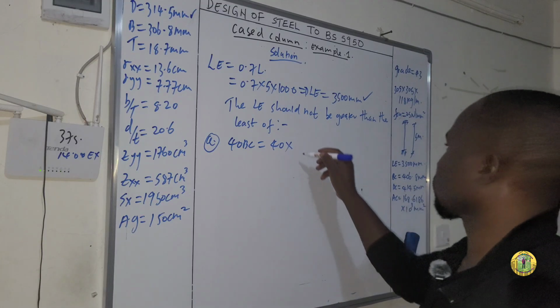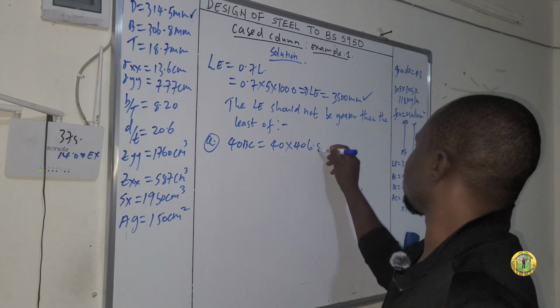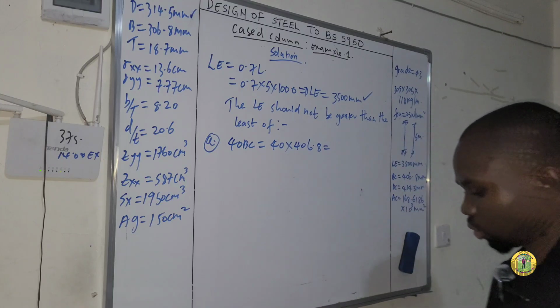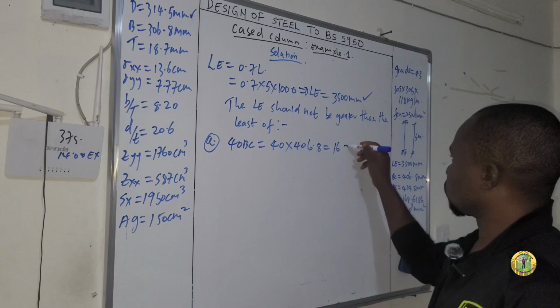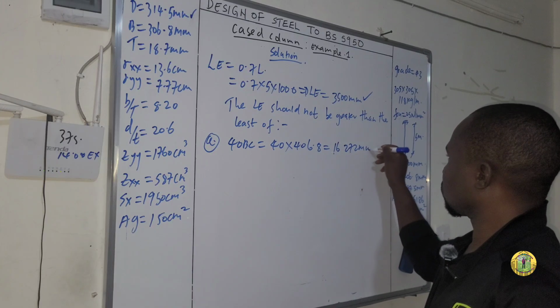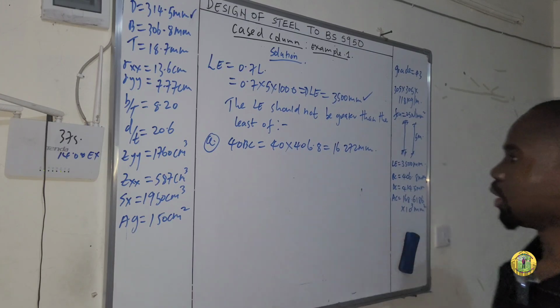BC is 406.8. So this one is equal to 16,272 millimeters. This is the first case.